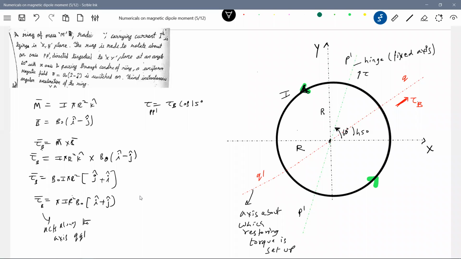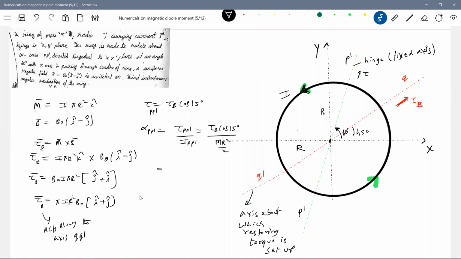Then the instantaneous angular acceleration about axis PP dash equals tau PP dash by moment of inertia. This becomes tau B cos 15 degrees by the moment of inertia about any diameter, m r square by 2.